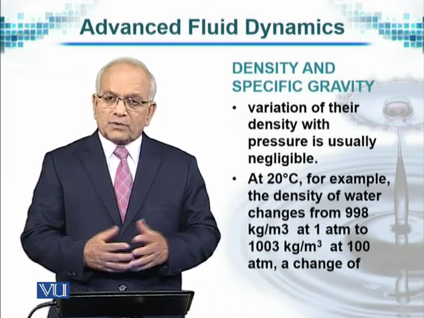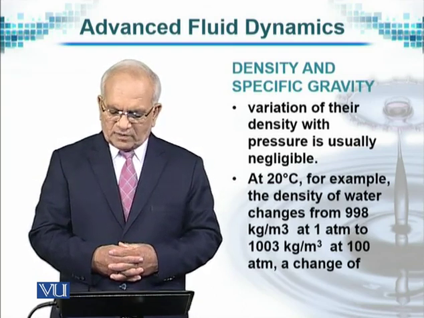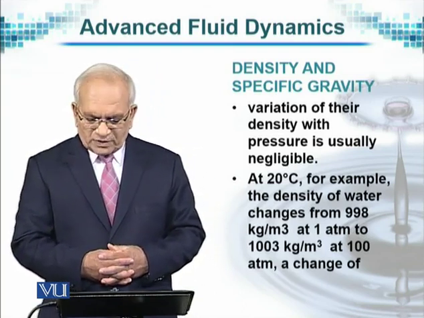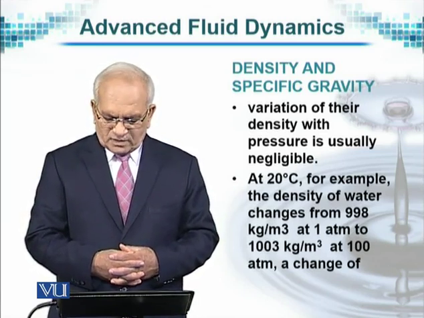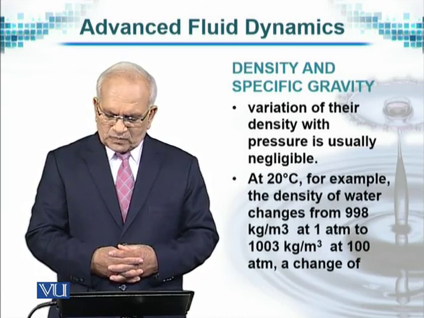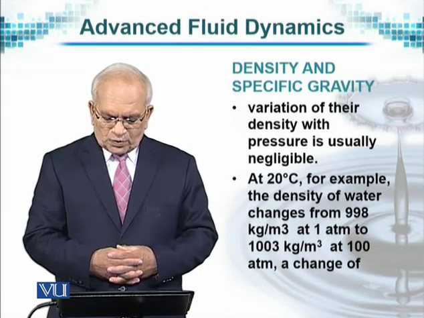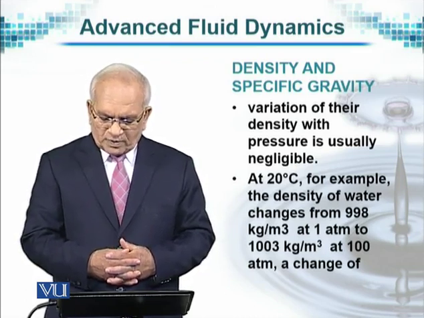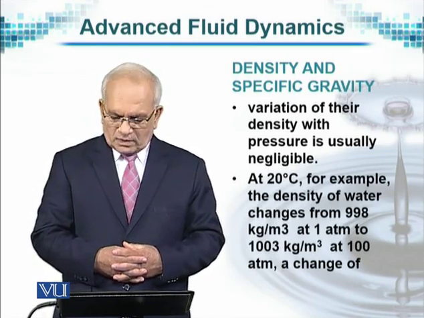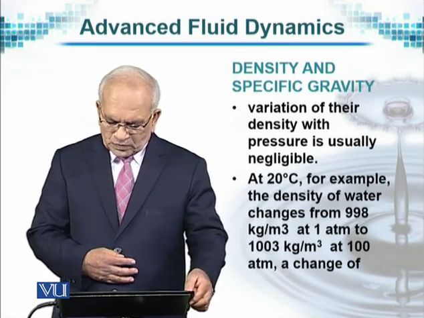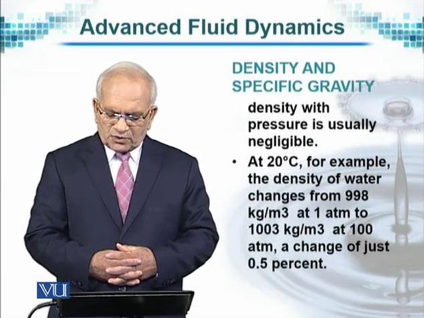To give you an example, at 20 degrees centigrade, which is considered to be the standard temperature for this kind of measurement, the density of water changes from 998 kilogram per cubic meter at 1 atmospheric pressure to 1003 kilogram per cubic meter at 100 atmospheric pressure, which is a change of density with pressure that is usually negligible.